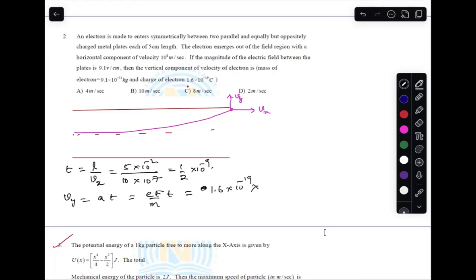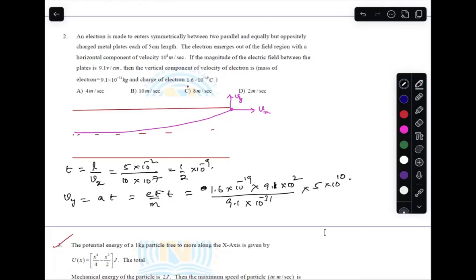And you said 9.1 into 10 power 2 volt per centimeter. And 1 centimeter is 1 by 100th of a meter. So 9.1 into 10 power 2 by mass, 9.1 into 10 to the power of minus 31, into time, 5 into 10 to the power of 10.